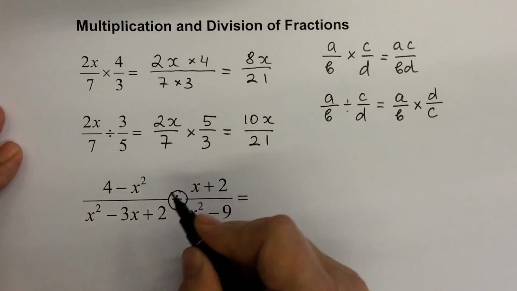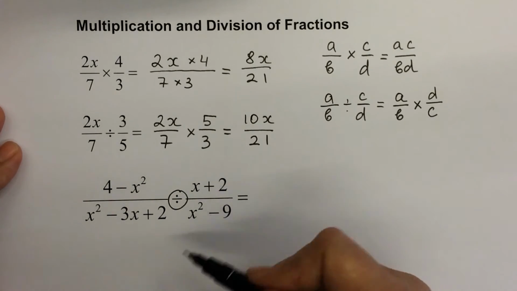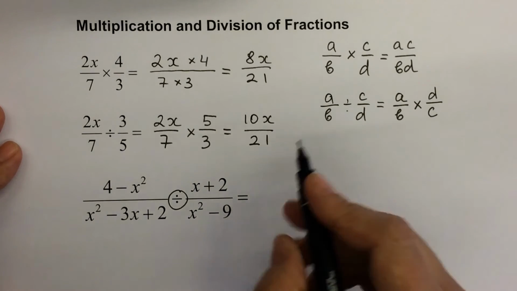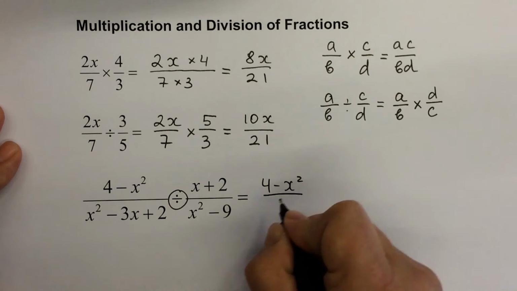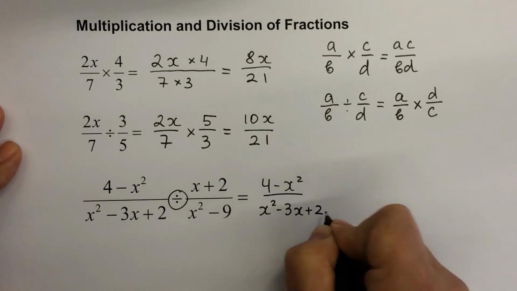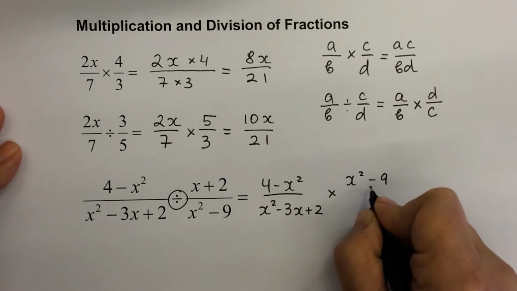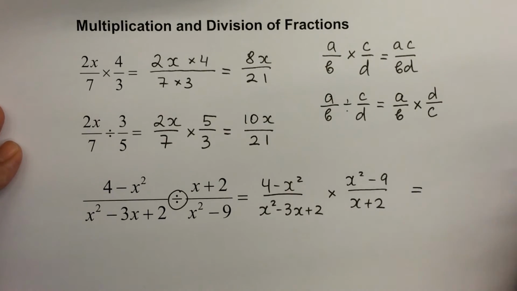First, observe that one rational fraction is divided by another. The first step would be to replace it by multiplication. So I'll just rewrite it. 4 minus x squared over x squared minus 3x plus 2 multiplied by x squared minus 9 over x plus 2.